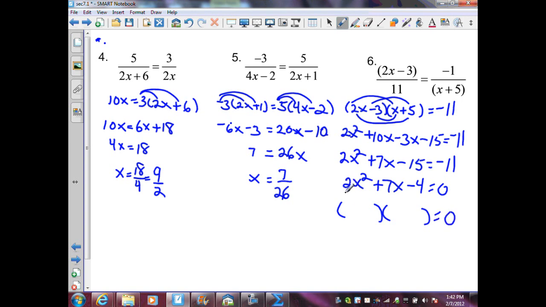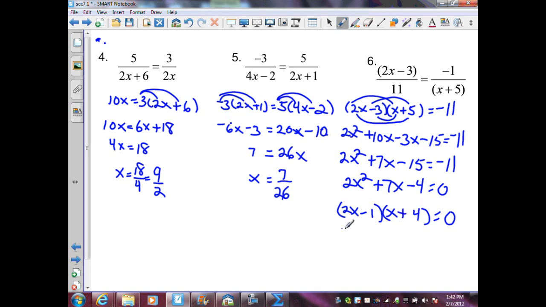Therefore, 2x times x will give me 2x squared. And I need to break up my 4, and I'll break that into 1 and 4. 4 times 2 is 8. 8 minus 1 will give me 7. This will be negative. That will be positive. And that still gives me my negative 4.